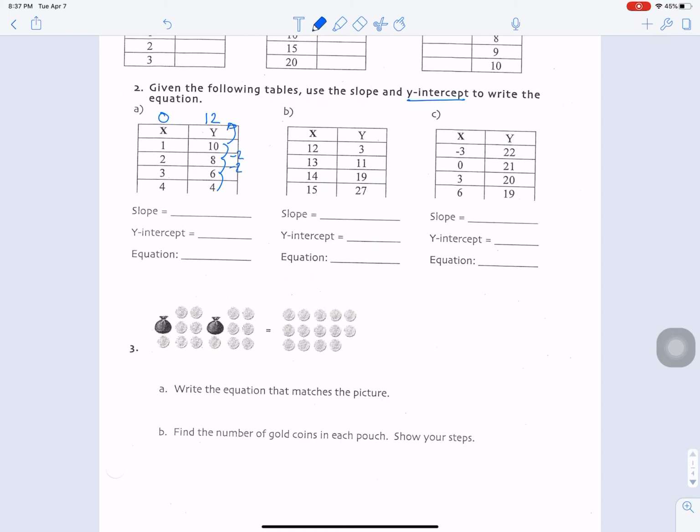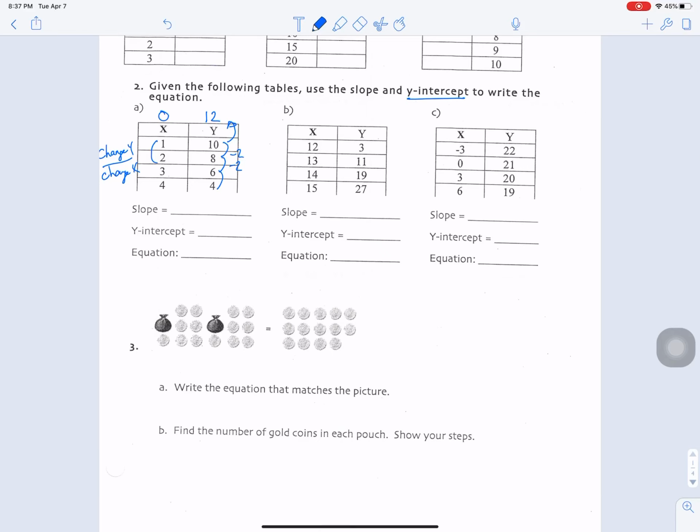So if I look at the change in y over the change in x, I see that the y goes down by 2 and the x goes up by 1, right? So this is a negative 2 over 1. Negative 2 change in y over a positive 1 change in x.